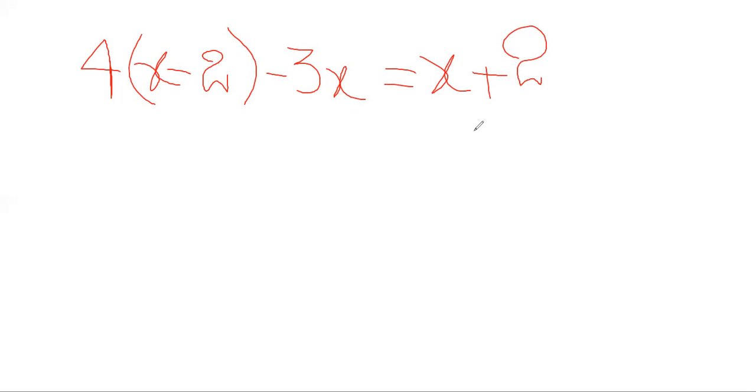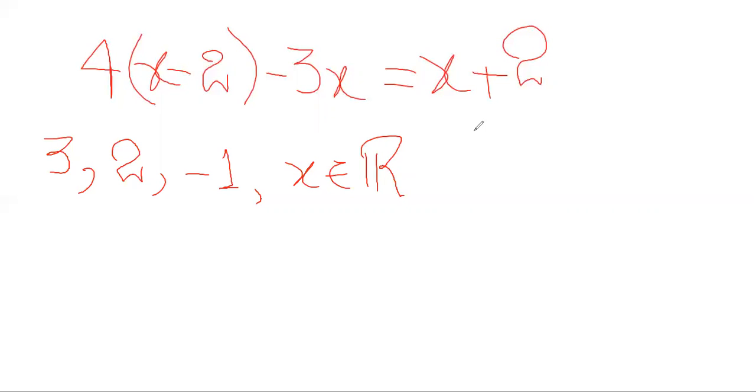For which of the following values of x is the equation true? We are limited to these values: if we put x equal to 3, if we put x equal to 2, then will it satisfy or not? We will check for minus 1, and then all real values, x belongs to all real values, and one more option is no solution.